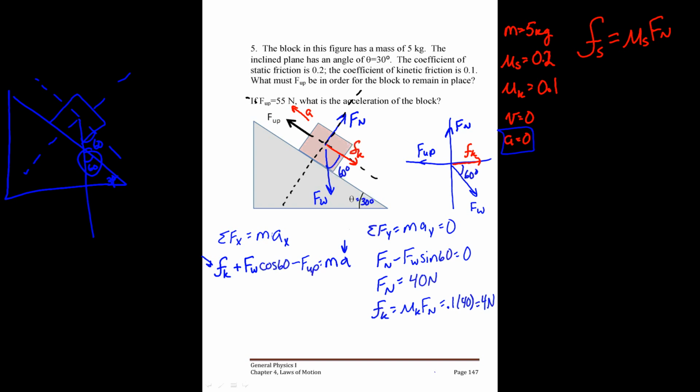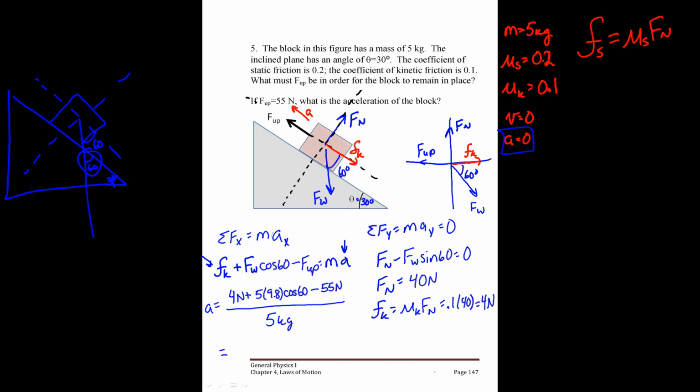And I can use that over here. I'm going to solve this for a, and I'll go ahead and put in some numbers as well. 4 newtons plus Fw, which is going to be 5 times 9.8 times cosine 60, that's also in newtons, minus F up, which is 55 newtons. And then that's all going to be divided by the mass of the block, which is 5 kilograms.